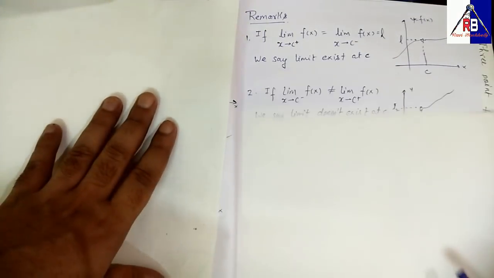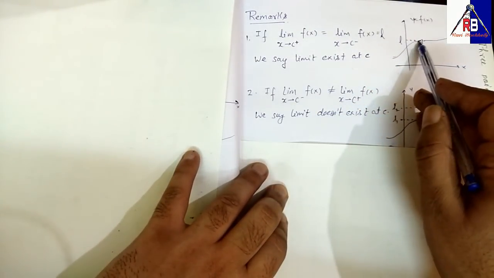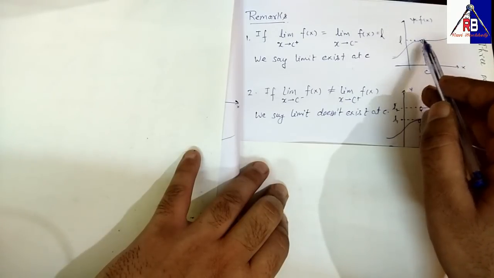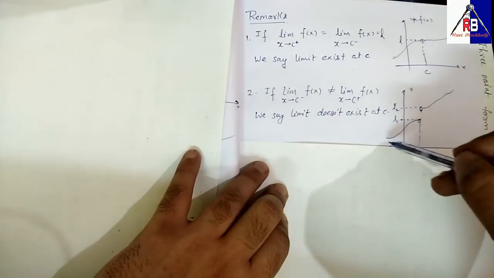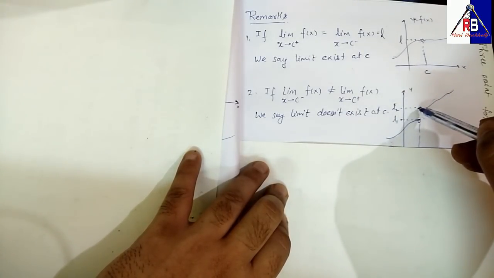There are two remarks. First one, if LHL, that is left hand limit, is equal to right hand limit, then we say that limit exists and is equal to L. If LHL is not equal to RHL, then we say that limit does not exist.